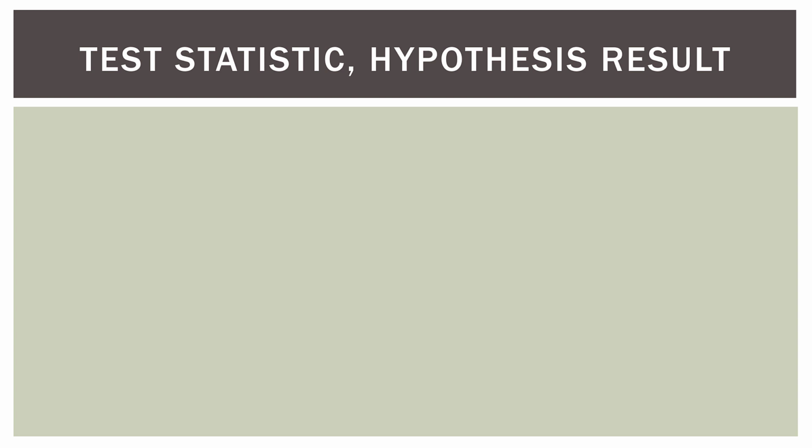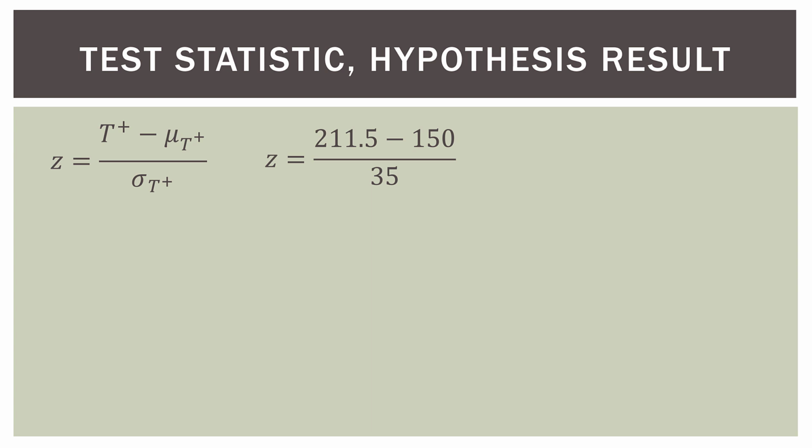So here's our test statistic and hypothesis result. z equals T plus minus mu sub t plus over sigma sub t plus. So z equals 211.5, which was the sum of our positive ranks, minus 150. That is our mu sub t plus, what we'd expect if the ranks were evenly distributed, positive and negative, divided by 35, which is our standard deviation.